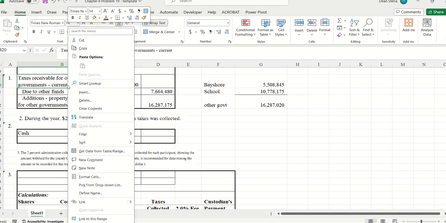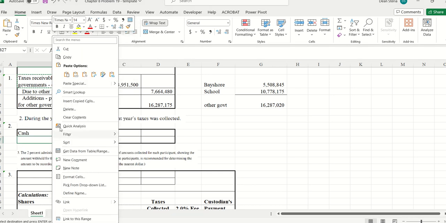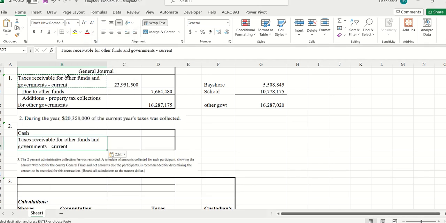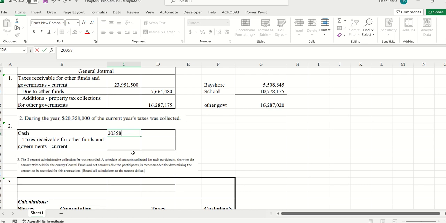Why don't we see if we can copy it right from here down? Okay, so the cash we received, it tells us right here, 23,581,223, and that would be the same for here, 23,581. Okay, does that make sense?